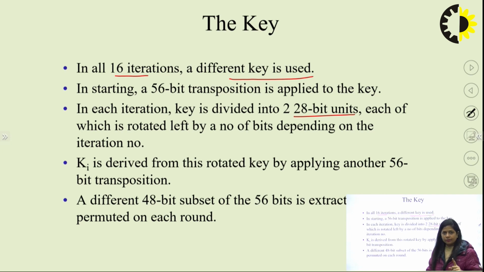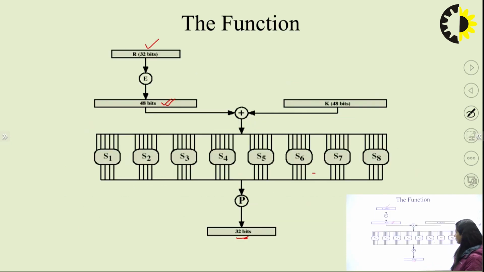Ki is derived from this rotated key by applying another transposition. A different 48-bit subset of the 56 bits is extracted and permuted on each round. We have seen over here.